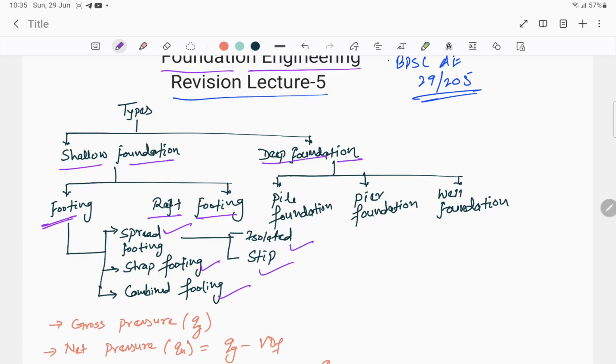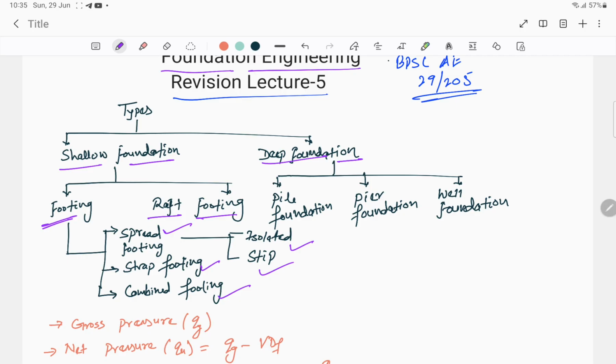Strip footing is just like the footing below a wall, along the length. This is called strip footing, and isolated footing is for a concentrated load just below the column. Isolated footing may be square, circular, rectangular, like that.